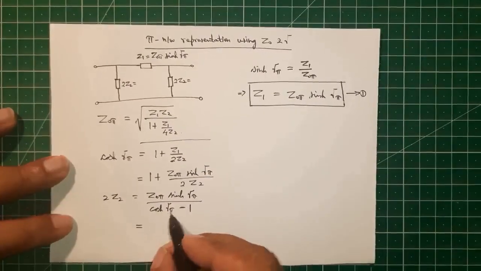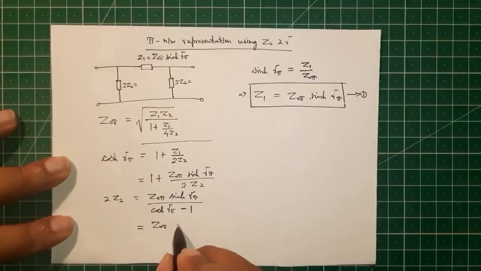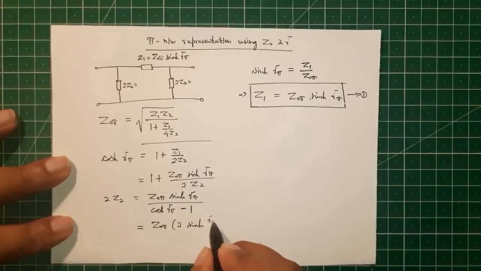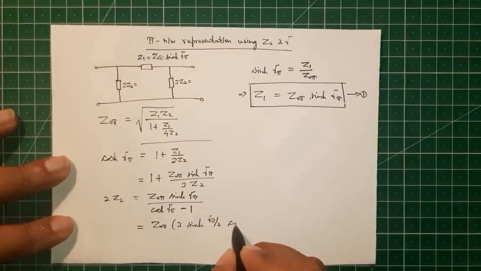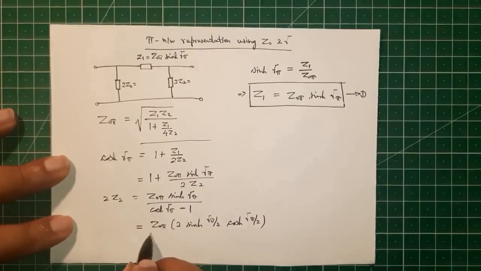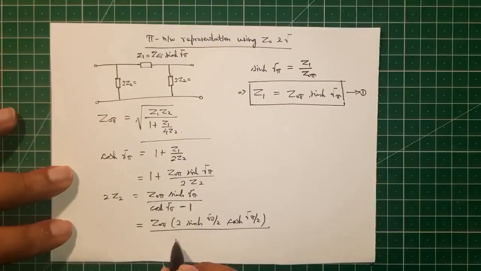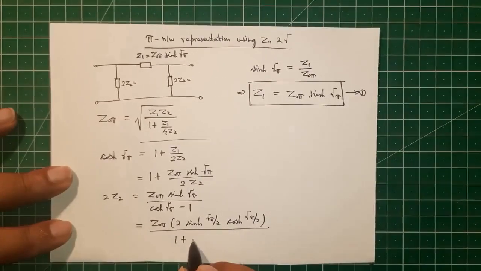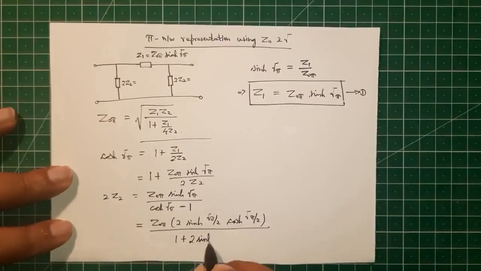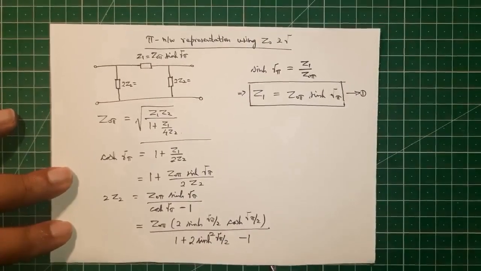Again we will use the previous hyperbolic relationship and substitute this as 2 sinh gamma pi by 2 cosh gamma pi by 2, and the denominator will be replaced by 1 plus 2 sinh square gamma pi by 2 minus 1.